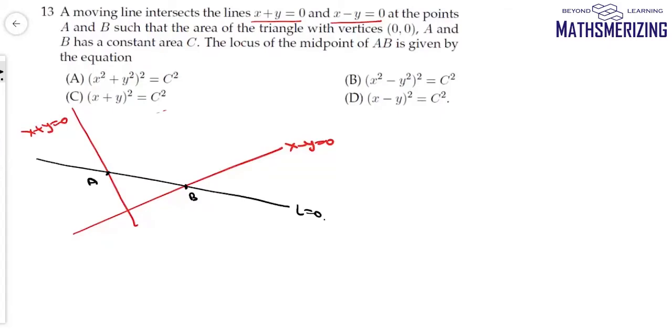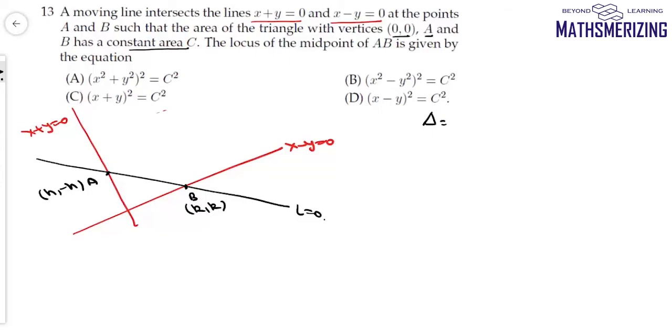So now A will lie on this first line, so I'll assume this as h comma minus h, and B will lie on this line x minus y, so I'll say suppose B is k comma k. Now it says the area of the triangle with origin, A and B has a constant area C. So I'll find this area.